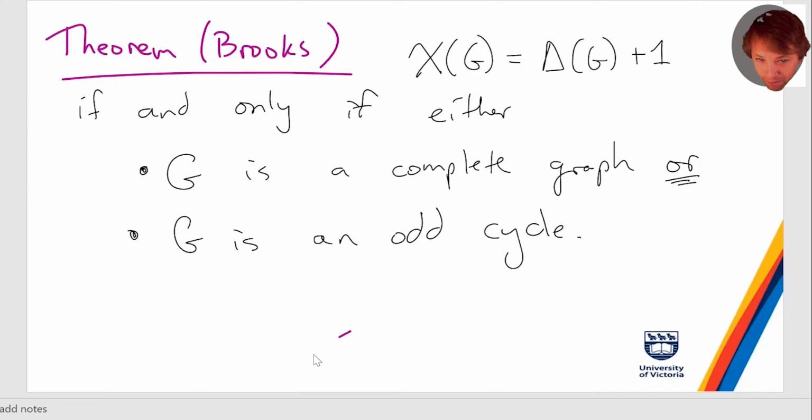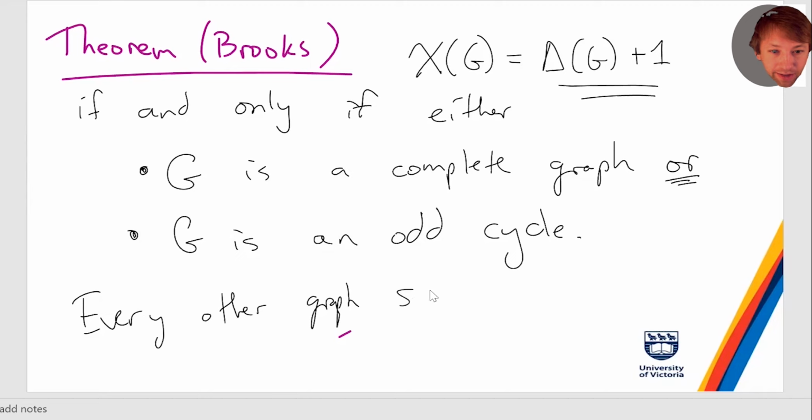We just proved complete graphs and odd cycles have chromatic number delta plus 1. Brooks's theorem says that every other graph, any graph that's not a complete graph or an odd cycle, has chromatic number at most delta. In other words, every other graph satisfies chi of G at most delta of G.